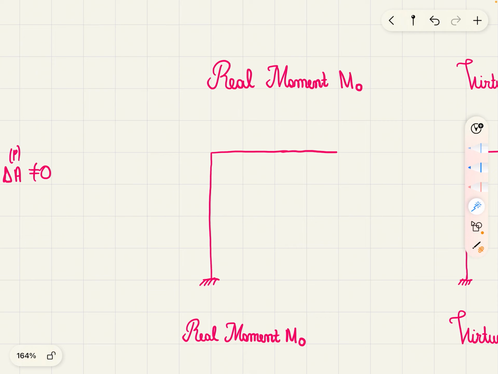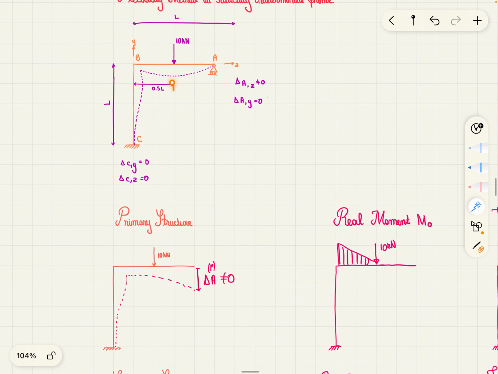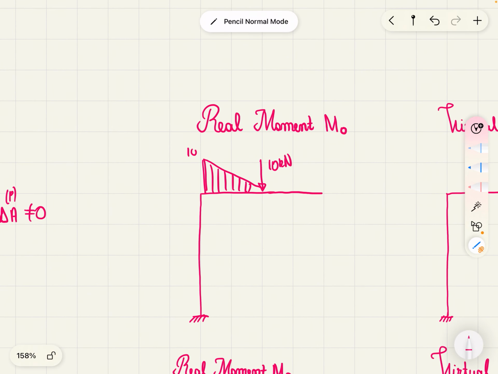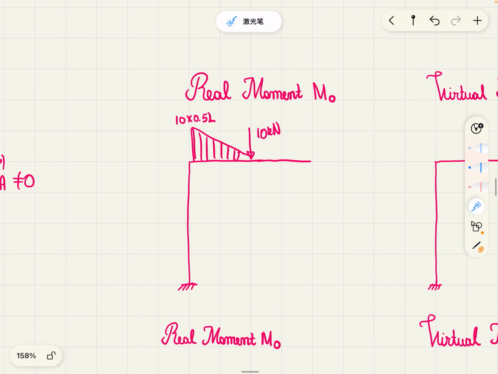Now let's draw the real moment diagram. We're going to have the force of 10 kilonewtons acting in the middle. So the maximum moment at this point is going to be the force times the distance, which is 0.5 L. So we have 10 times 0.5 L. Here you can see that the moment is increasing linearly across the beam.